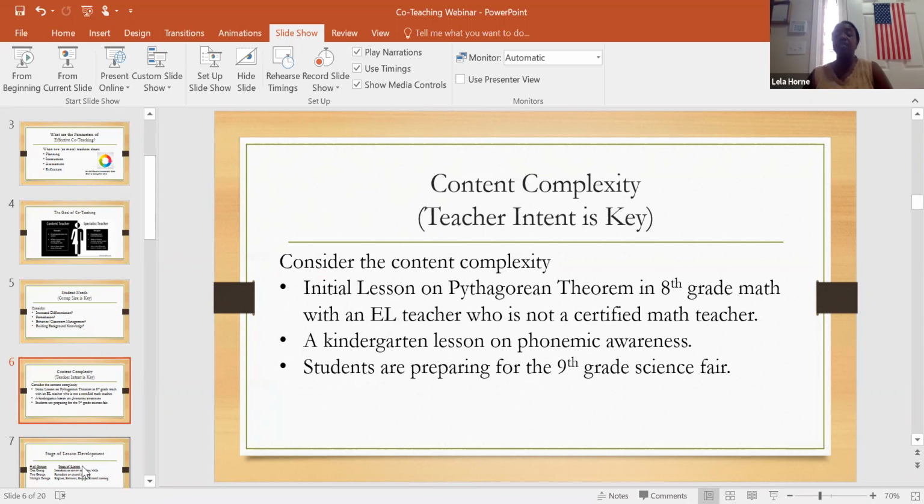Again, we're talking about the Pythagorean theorem in the 8th grade math class, and the EL teacher is not certified in math. Well, if this is an initial lesson, then I would recommend one whole group setting for that. But if both teachers were content certified, we could move on to two groups or perhaps even multiple groups.